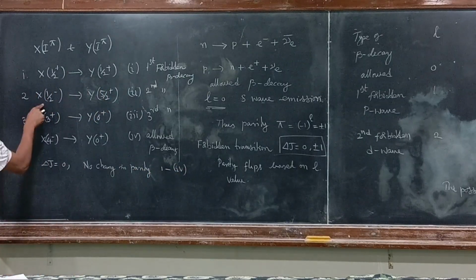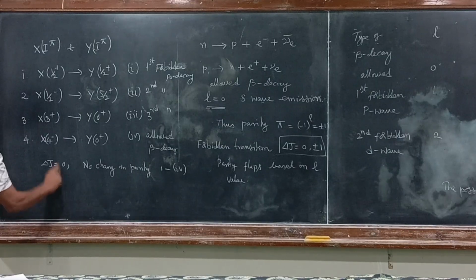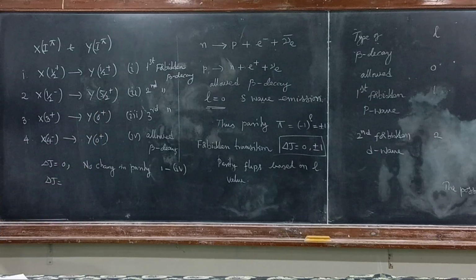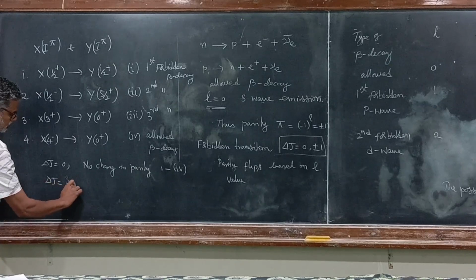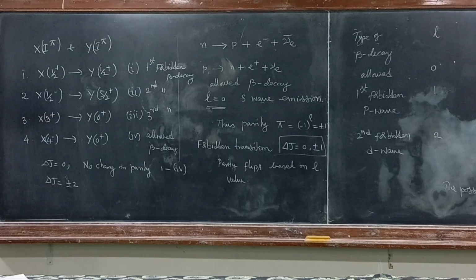And what about the second one? Your delta J value is between 1/2 and 5/2. So what is the change? 5/2 minus 1/2 is 2, so plus or minus 2: if you subtract from here to here, minus 2, and from there to here, plus 2.